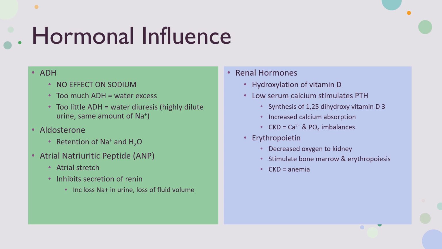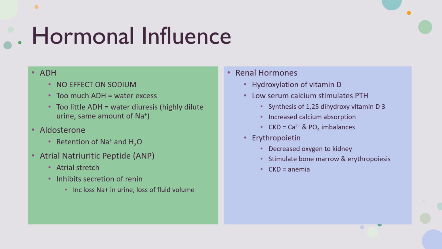Increased amounts of ADH can lead to hypervolemia and may occur in the syndrome of inappropriate antidiuretic hormone, or SIADH. With too little ADH, we find dilute urine in large amounts, called diabetes insipidus. In either case, sodium levels are not affected, but fluid volume can dilute sodium, causing hyponatremia, or fluid diuresis can lead to hypernatremia.